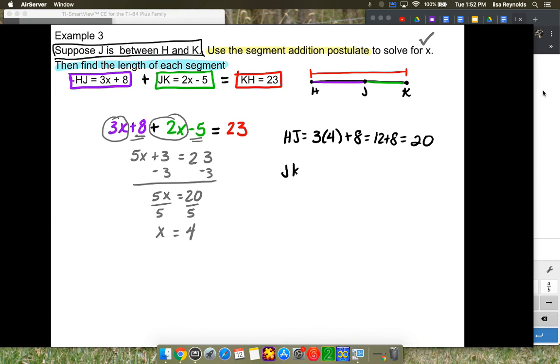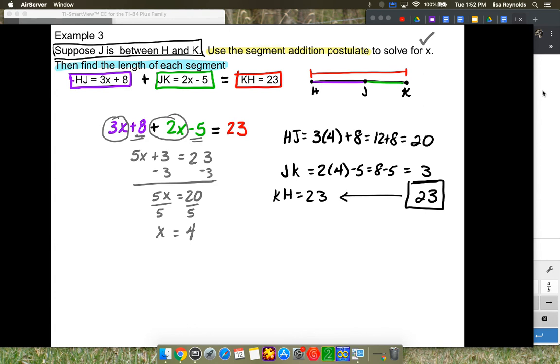We have JK, which is 2 times our value of x minus 5. So this is 8 minus 5 to get 3. And then we have our whole thing of KH, which is 23. And if you do a quick check of 20 plus 3, you get 23 when you add them together. So make sure that the sum of your parts is equal to the whole thing.